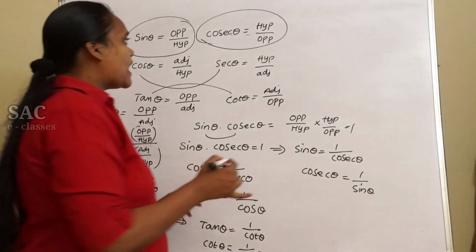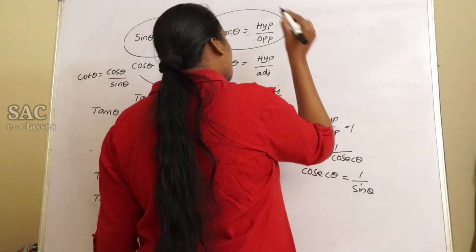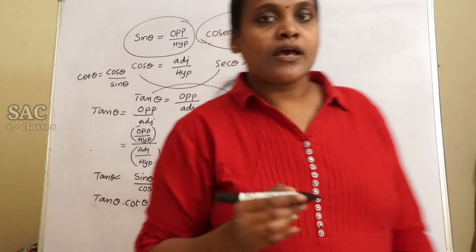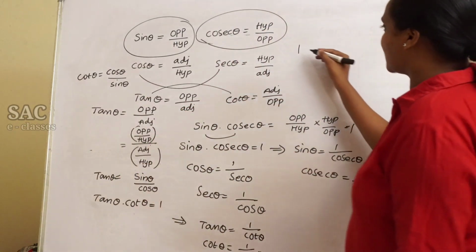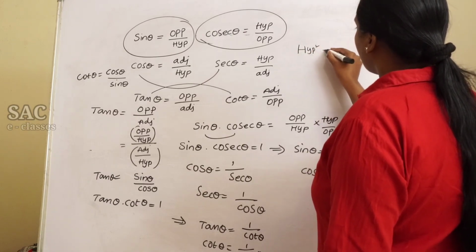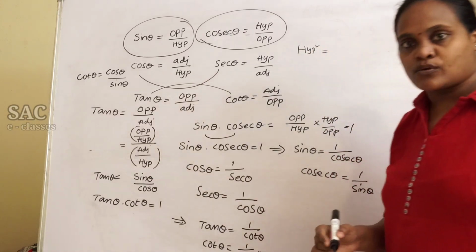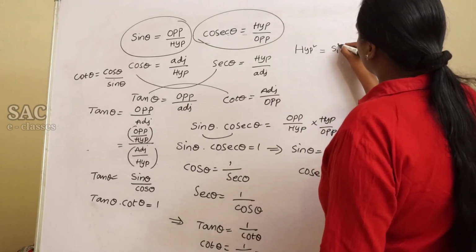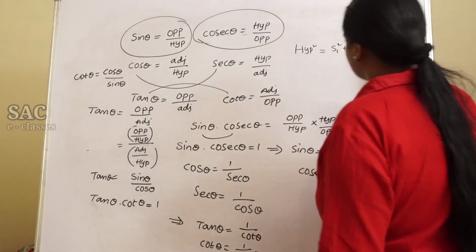Now, we all know that every right angle triangle must follow the Pythagoras theorem. The Pythagoras theorem can be written as hypotenuse square is equal to side 1 square plus side 2 square.